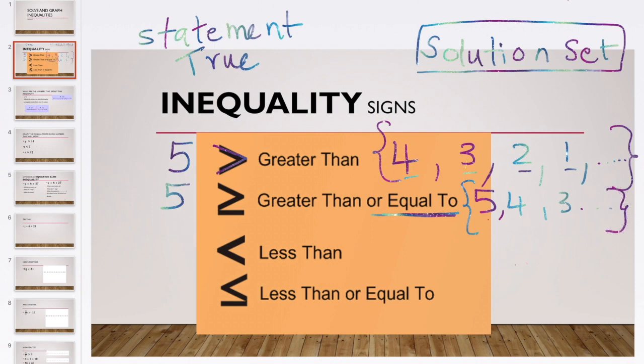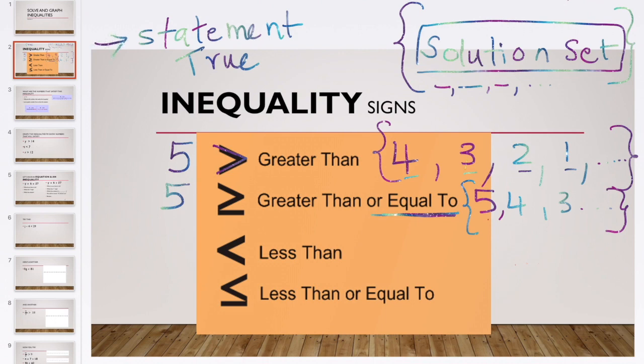So my solution set is always shown with curly brackets, a few numbers inside separated by a comma, usually 3 numbers, and 3 dots. Not more than 3, not 2, not 5, 3 dots. That's how mathematically we show that there's infinite amount of solutions that would make this statement true.